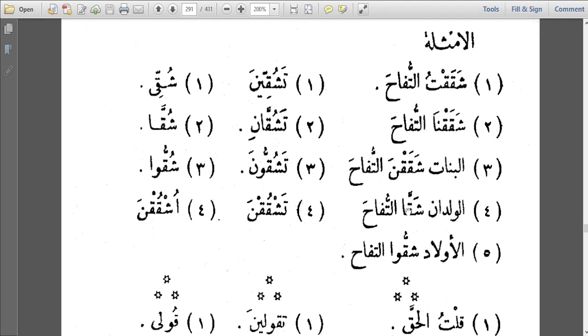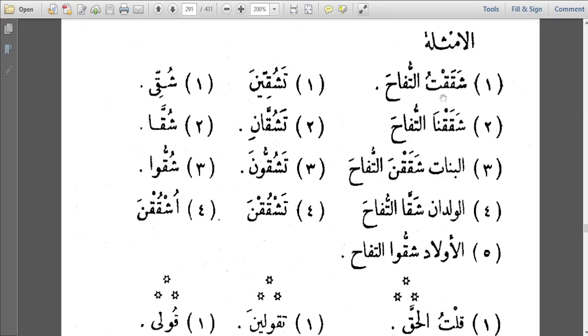If somebody asks you what its vowel is, you don't know, because when I say ذهبا, the alif is sukun. شقا, the alif is sukun. Something like shakku, the waw here is sukun. Waw al-jama'a is sukun.